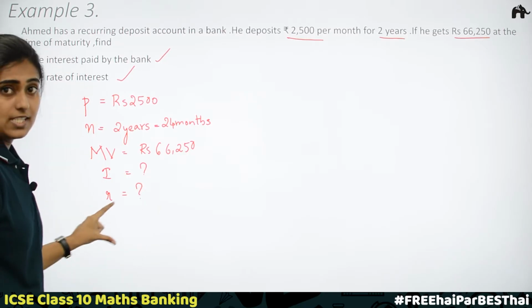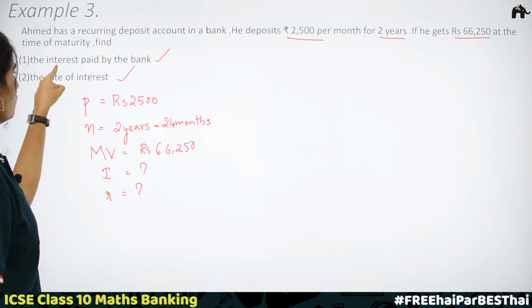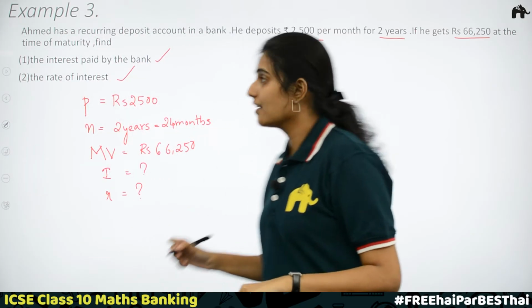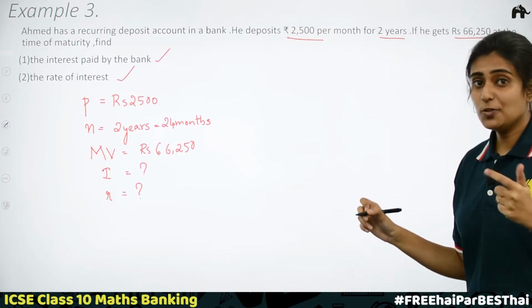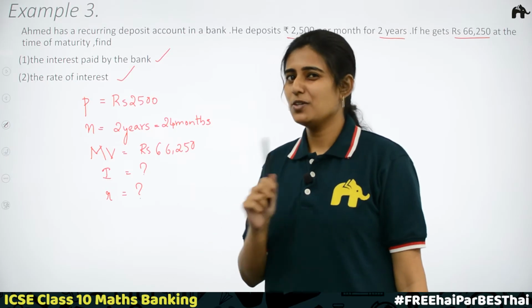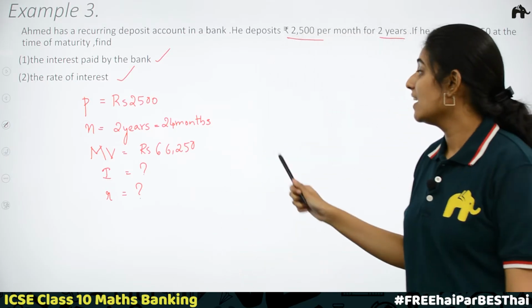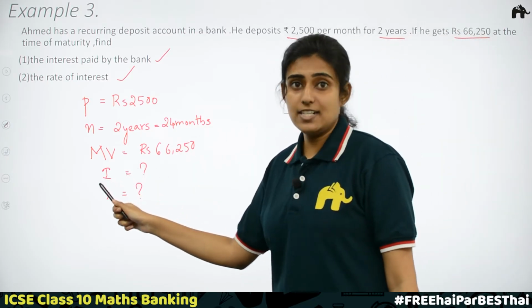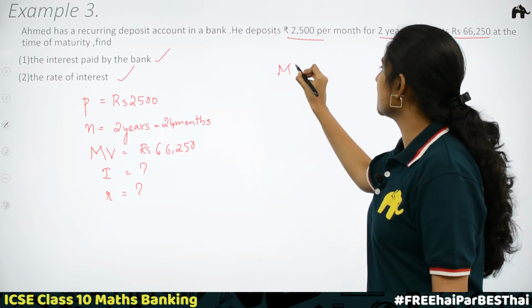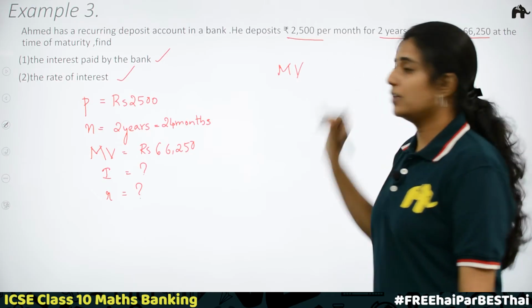So in this question, first thing to find is the interest. How do you find interest? You can use the formula, but here the value of R is missing. So using the formula, you won't be getting the correct value of interest. In that case, we have the formula to find maturity value.